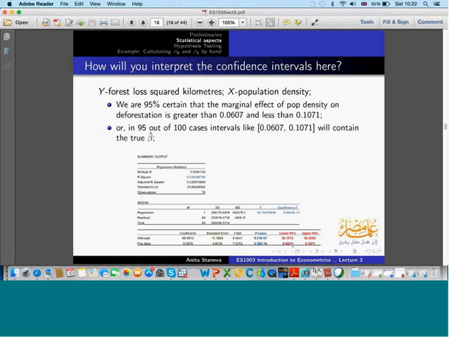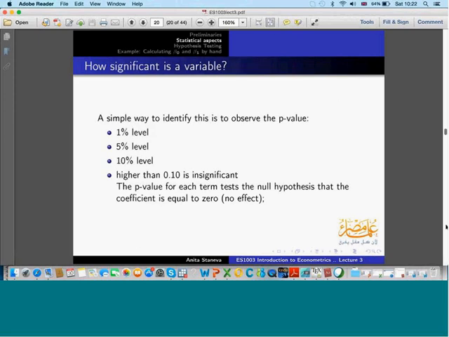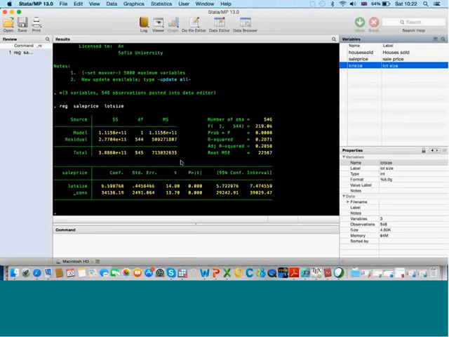So this is one way to interpret the coefficients, but a simpler way, which I'm going to give you more insight on, is just to look at the p-values. The p-values are given in your output after the t-statistic, and this output provides you with the coefficient estimates, the standard errors, t-statistics, and p-values.